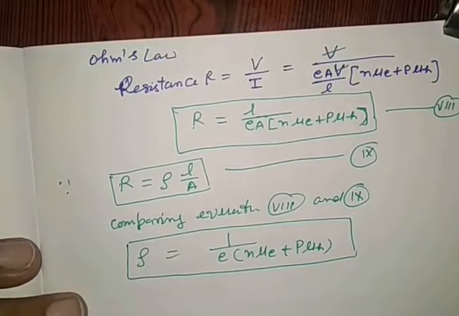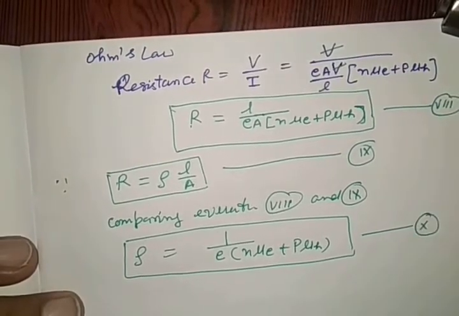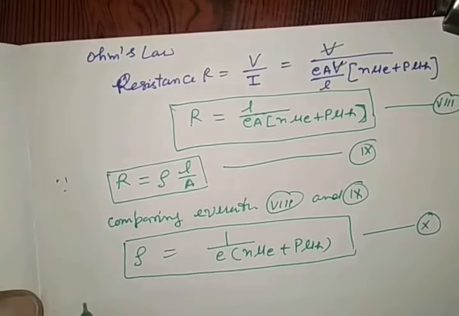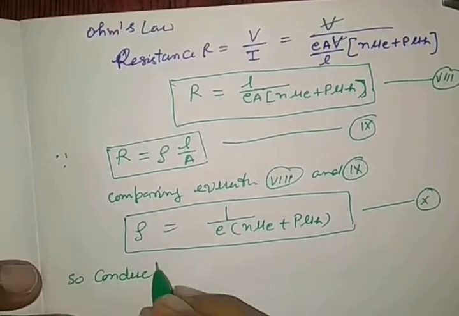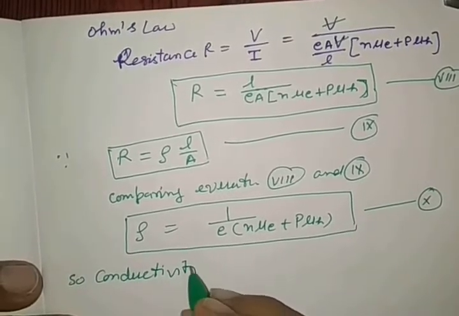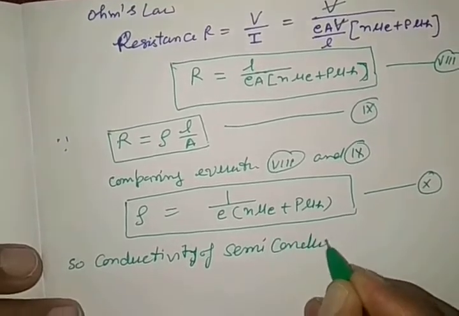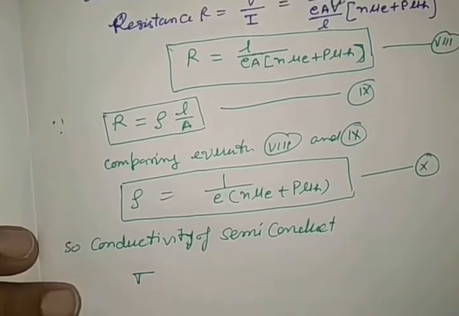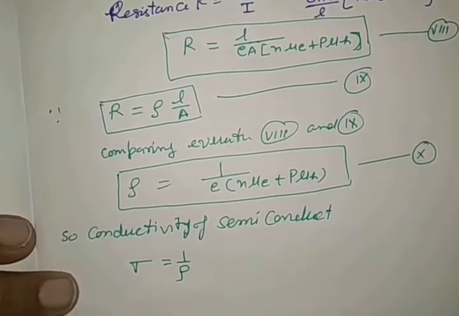So resistivity can be represented by equation number 10, but here we have to calculate conductivity. Conductivity of a semiconductor is denoted by sigma. It is the reciprocal of resistivity.